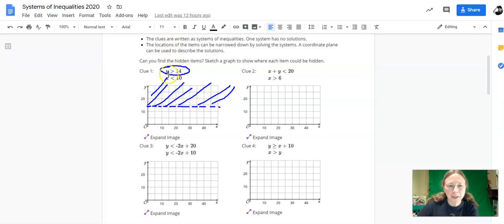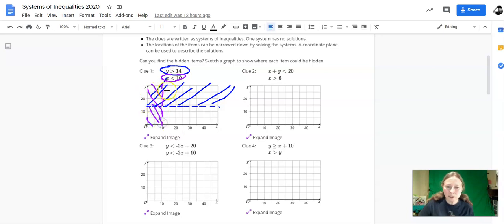Next, we're going to graph the inequality x is less than 10, and I'm going to use a different color here. So for x is less than 10, we'll draw a line at x equals 10, and it's going to be dotted because x equals 10 is not in the solution set, okay? And then the inequality x is less than 10 is everything that's on this side of the line.